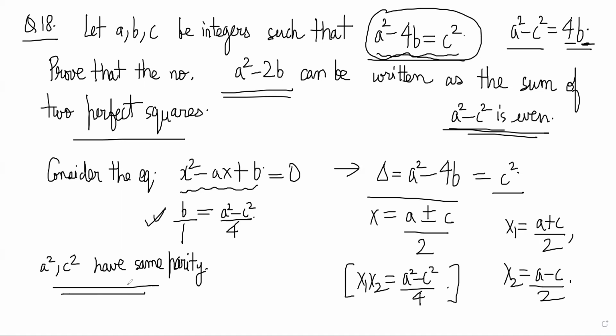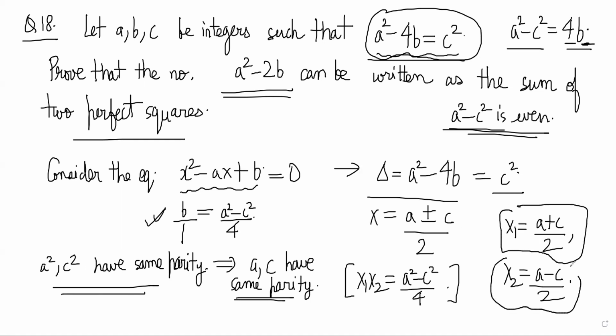Okay. So if a square and c square have the same parity, that implies a and c have the same parity, which we have established right now. And if a and c have the same parity, then x1 and x2 will be integers, because if you have the same parity, then the sum will be even and the difference will also be even. So it will be divisible by 2. We get that x1, x2 are integers.